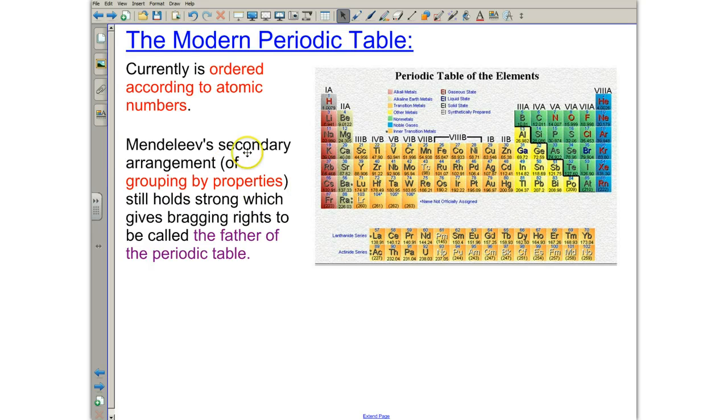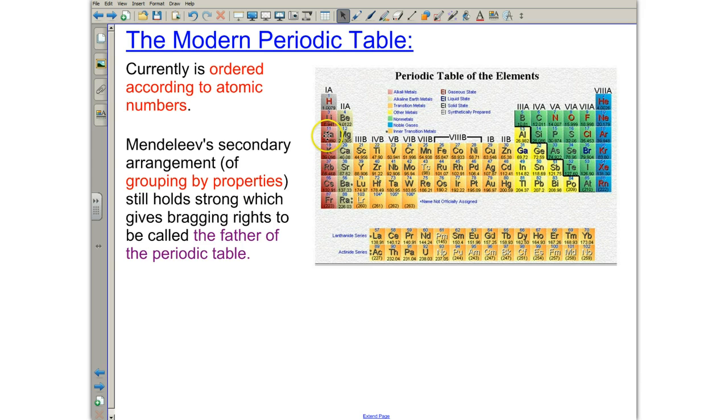So because Mendeleev's secondary method of arranging the periodic table still holds true today, it gives him the bragging rights to be considered the father of the periodic table. You might look at it and think that it's still ordered by the original method of increasing mass.